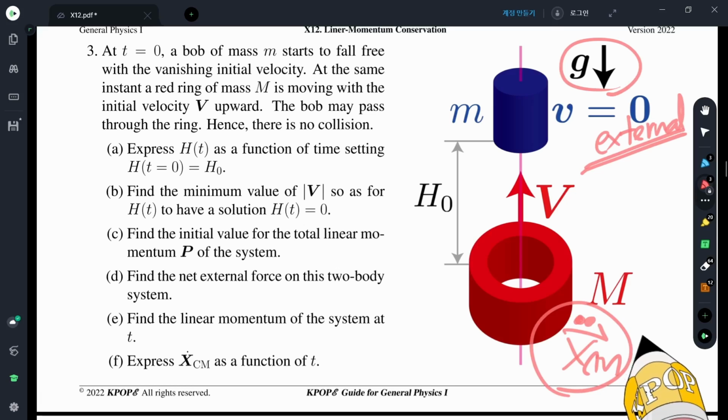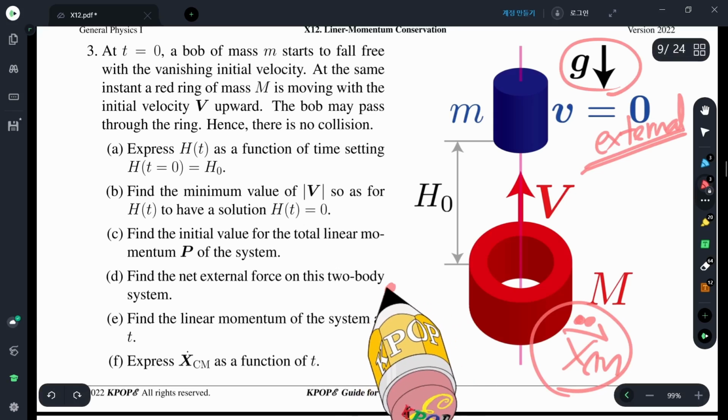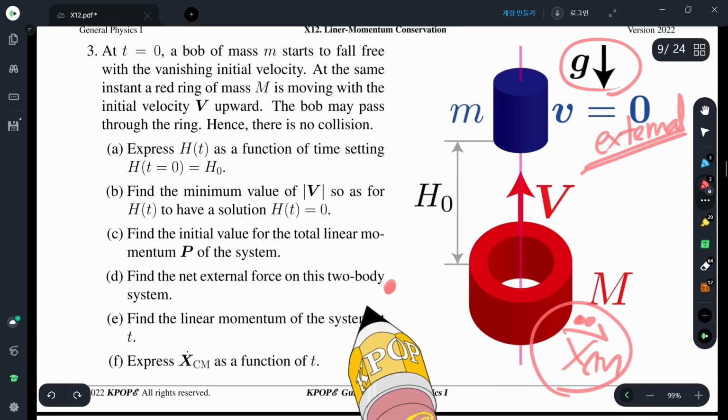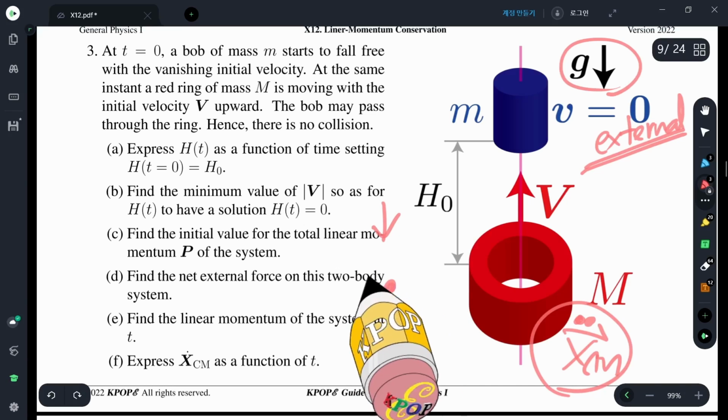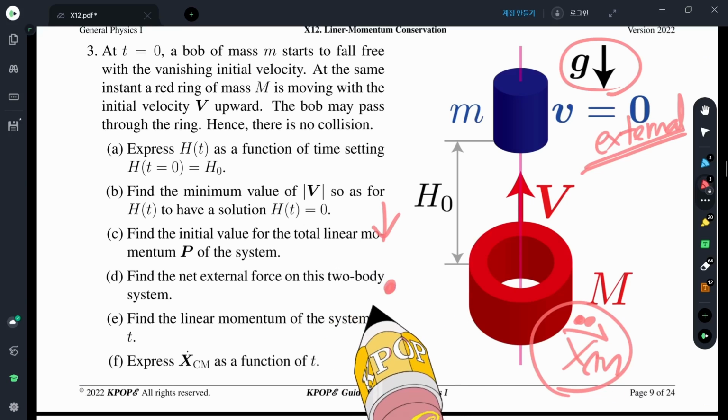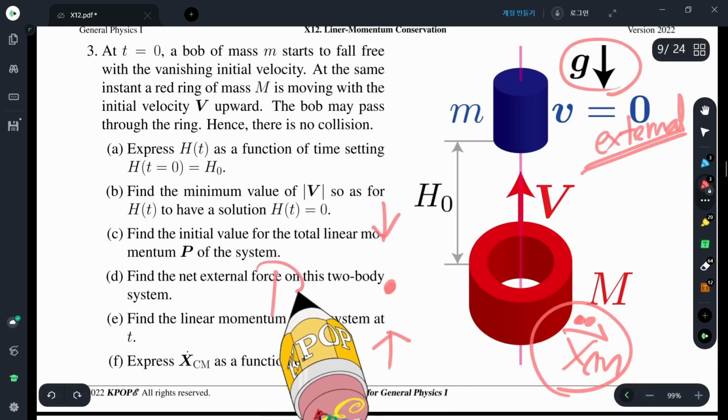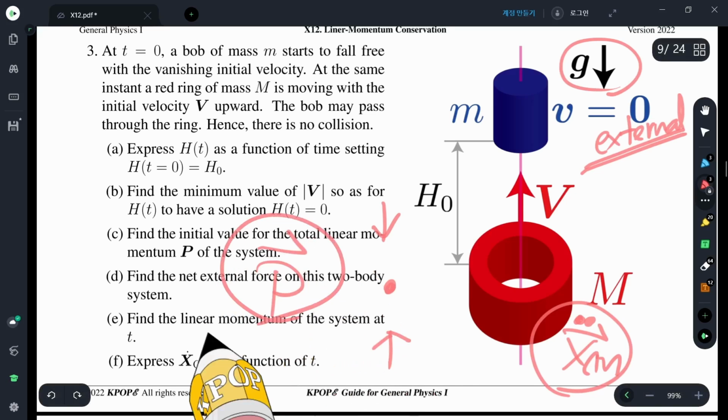To solve this problem, you might want to go to the center of momentum frame or center of mass frame. So initially, let the two bodies move back to back with vanishing initial total linear momentum.